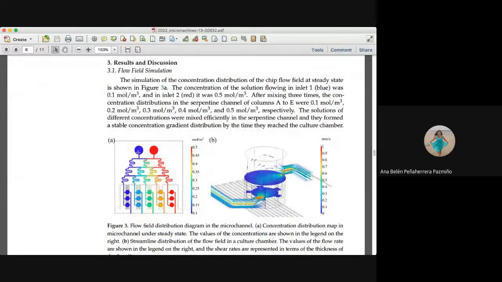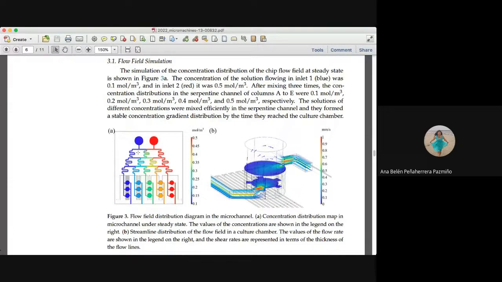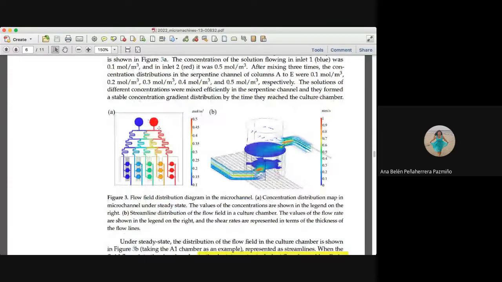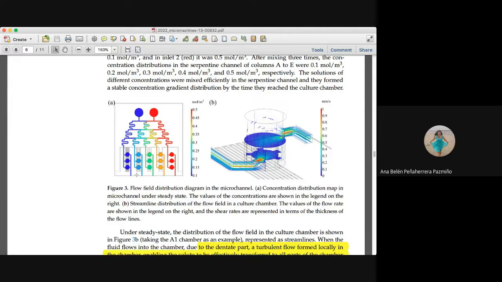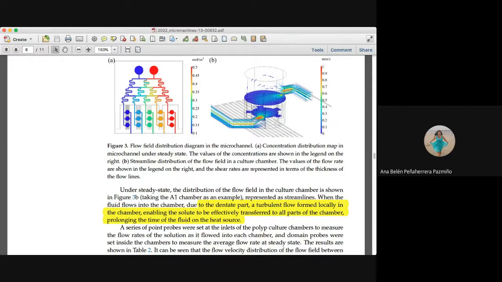So here we see the flow field simulation and how they place here two substances, and after 3 mixing stages, then here you have the concentrations that they reach in each independent column. So these chambers are going to be independent.